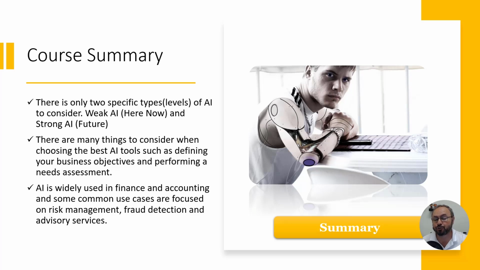Then we have strong AI. This is where we're expecting the AI to not only act, but to feel like a human, to think like a human, and to provide results like a human would. Now, there's a lot more that goes into that, but that's more futuristic from a capability perspective.